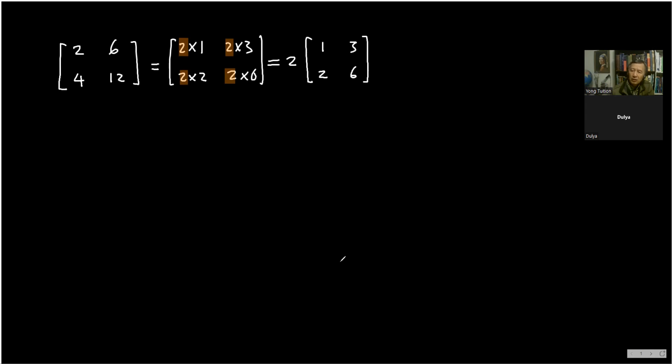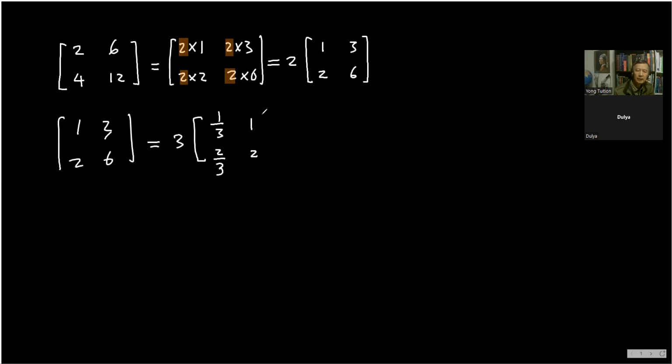If there's no cofactor now, but we do want to continue factoring, what can we do? For example, if you want to put a 3 outside, we just divide it by 3. So this is also part of our cofactor factorizing. This is how to factorize a matrix.